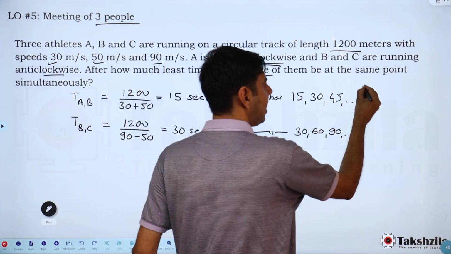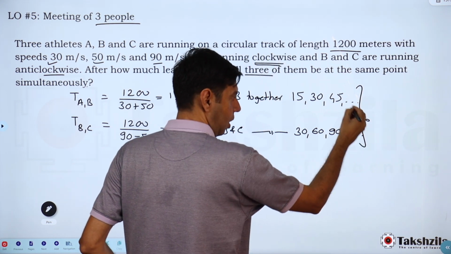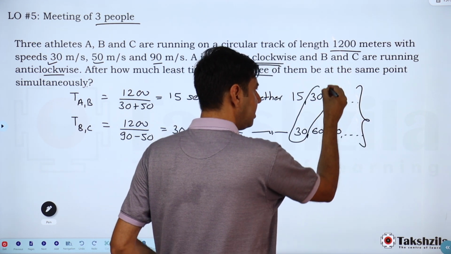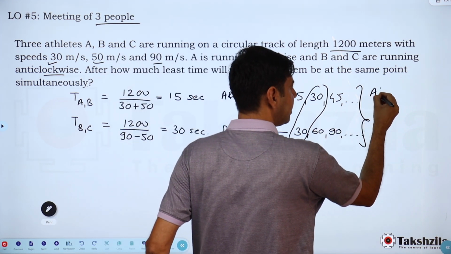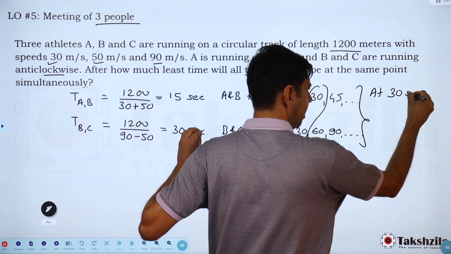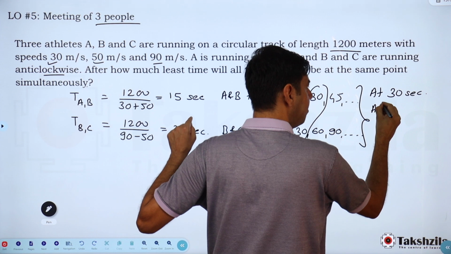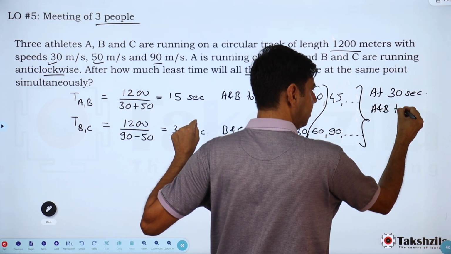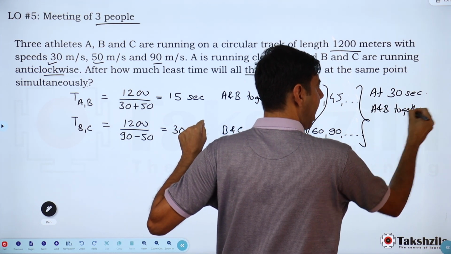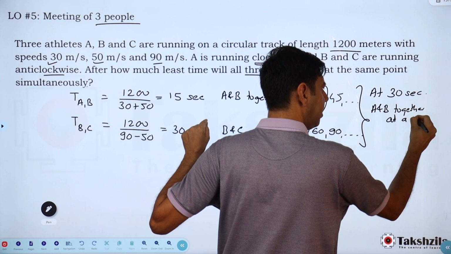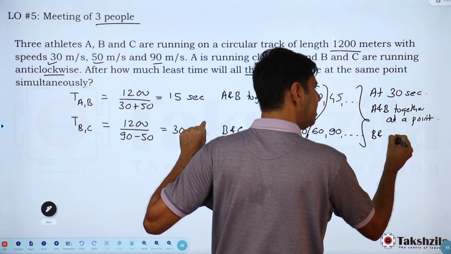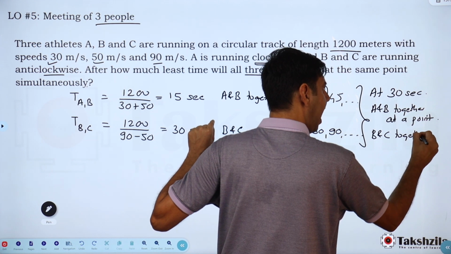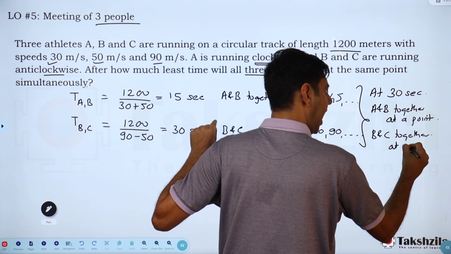So now obviously we'll take the LCM of this. In fact, we can notice that at 30 seconds, or the LCM of these 2 times, A and B are together at some point, and we also know that B and C are together at some point.